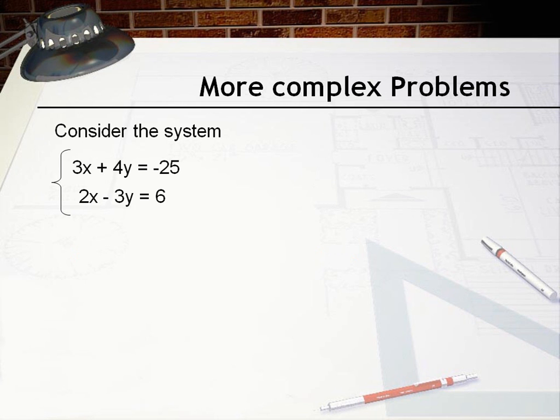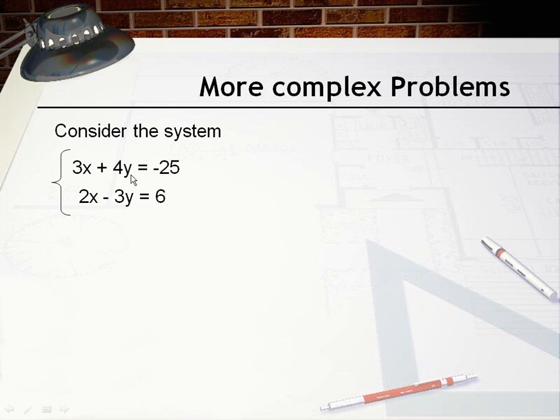Consider the system 3x plus 4y equals negative 25 and 2x minus 3y equals 6. Now notice in this situation, if we added these 2 equations together, we will not eliminate any terms. So we need to multiply either one or both of these equations by something in order to eliminate one of these variables.